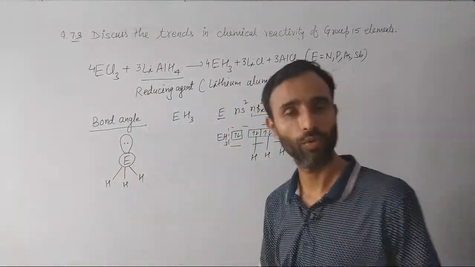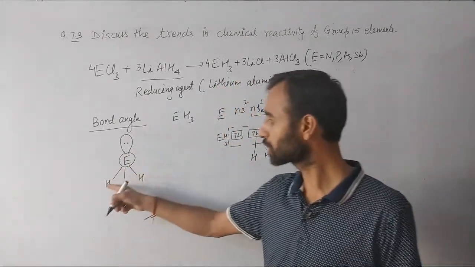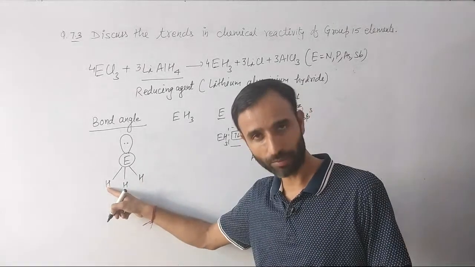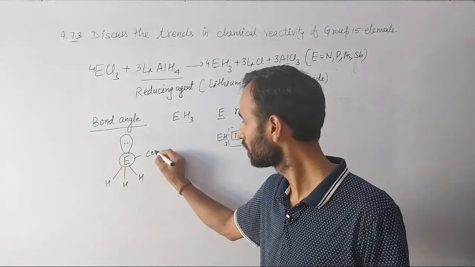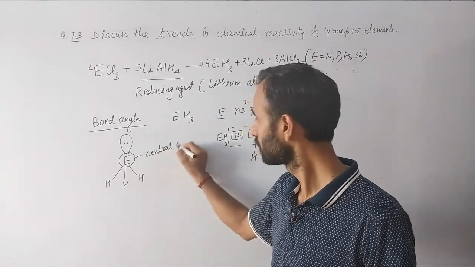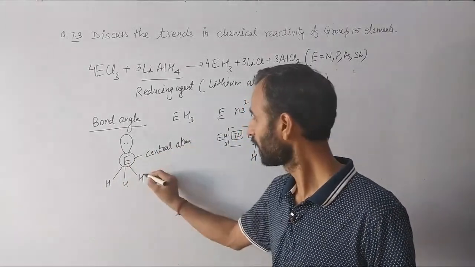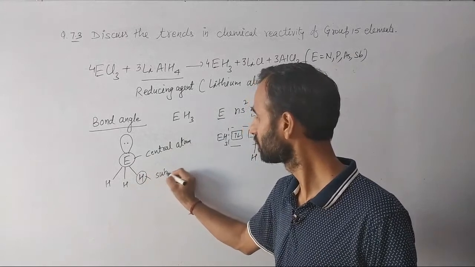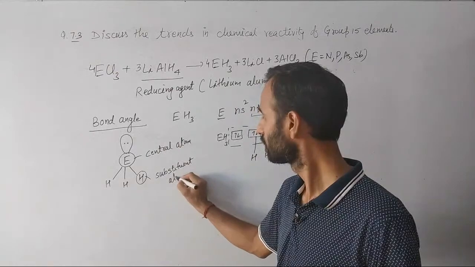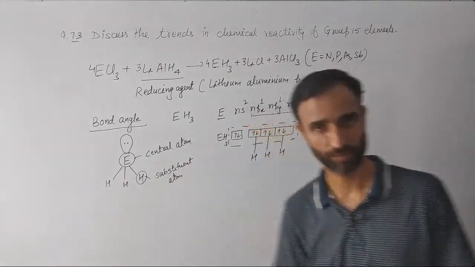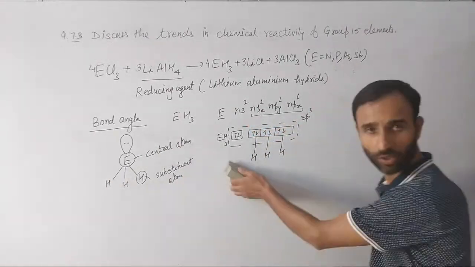Okay, so now bond angle depends upon substituent atom and central atom. This is called central atom, and this one is called substituent atom. Okay, this shape is clear to you, right?